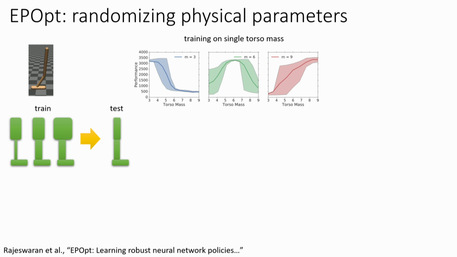Now, conventionally, the belief in the field of robust control is that you can robustify your policy against this kind of variability by training on a variety of different masses, but you will pay a price when you do that, because if you have to be robust to a particular parameter, you'll probably get lower performance overall. And that's a very reasonable view of the world, especially when we consider policies with very limited representational power, like linear policies.